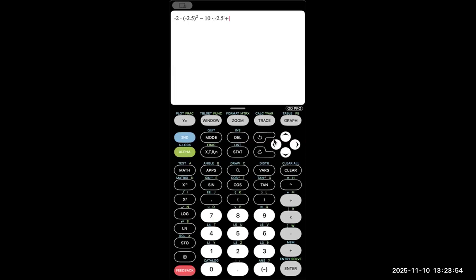In fact, maybe I do want to. I'm not sure if the calculator is going to interpret those parentheses as multiplication or not, so I did put the multiplication as well.